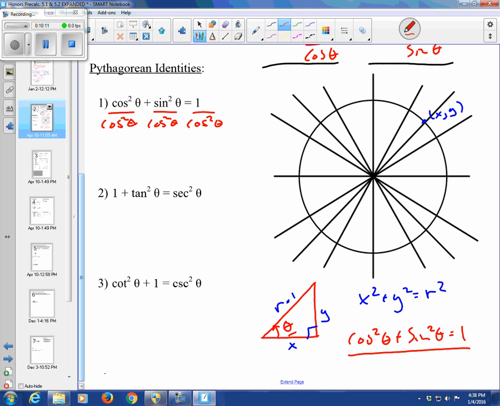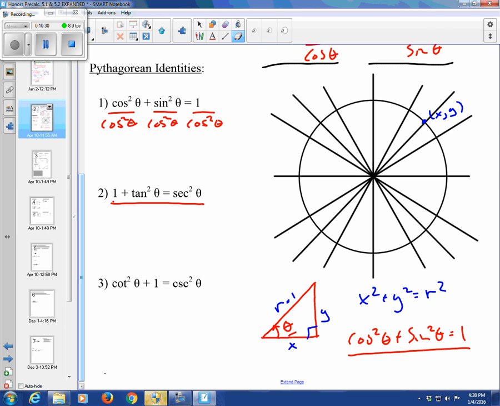And right here, cosine squared over cosine squared is going to be 1. We have sine squared over cosine squared, which will give us tan squared theta, and 1 over cosine squared theta, which with our basic identities we can identify as secant squared theta. So that's our second Pythagorean identity.